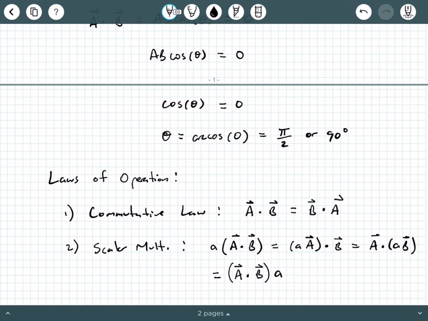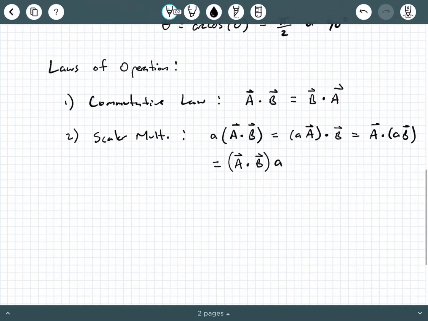So scalar multiplication, all it's saying is if you're dotting two vectors together, but you also have a scalar hanging out in there that you're multiplying in, you can multiply those essentially in any order, okay?